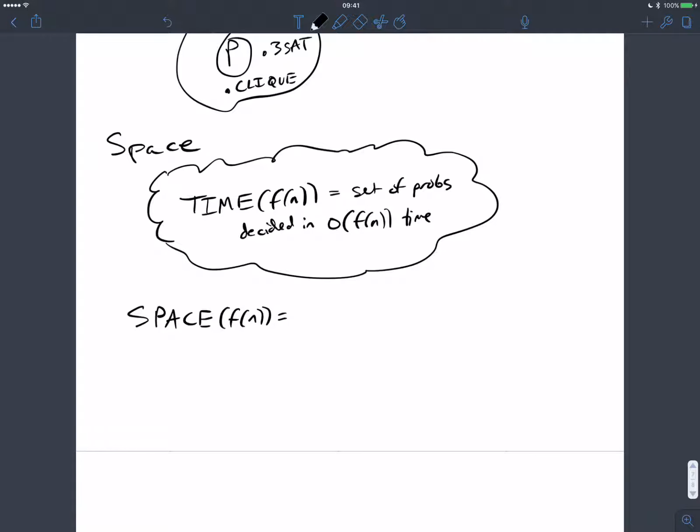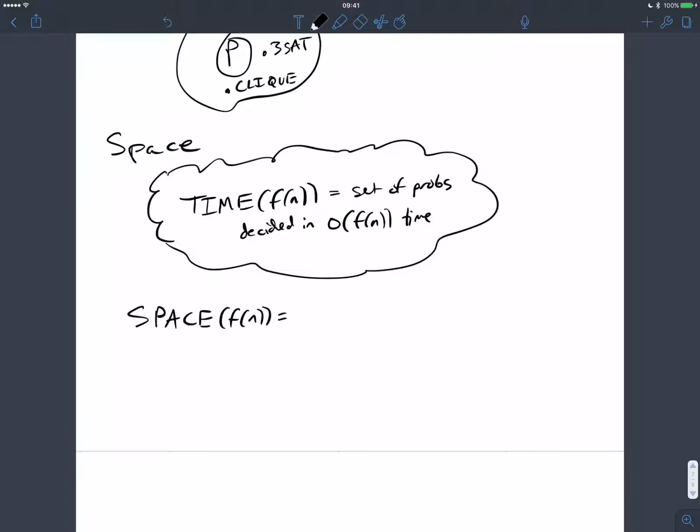We have to be a little bit careful here because time is pretty fundamental to a Turing machine, and we can actually count that. But remember, when a Turing machine receives some input, there already is some space being taken up. And also the tape is a one-way infinite thing. How do we talk about space in that setting?